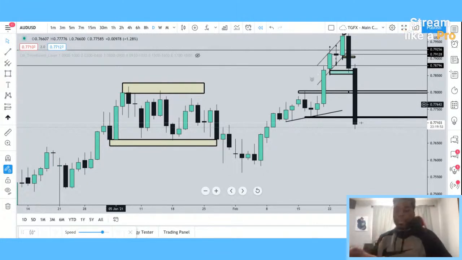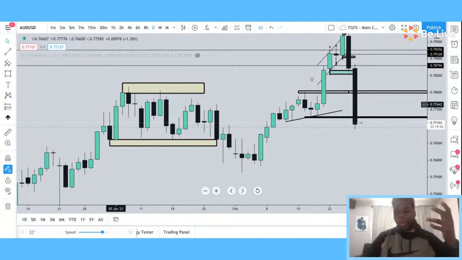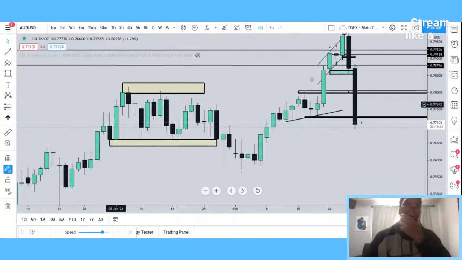So by us being able to understand this and how they move, we can capture the true moves in the market instead of capturing these small movements and overall being unprofitable in these markets.